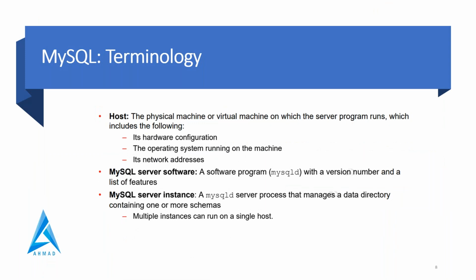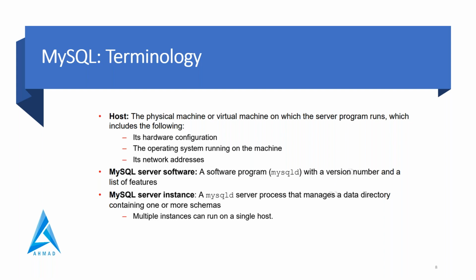Now MySQL terminology. In that we have the host, the MySQL server process, server software, and the third one is the MySQL server instance. The host is basically the physical or virtual machine on which the server program runs. That includes its hardware configuration, the operating system running on the machine, and its network addresses. The MySQL server process is basically a server software program, mysqld, with a version number and a list of features.